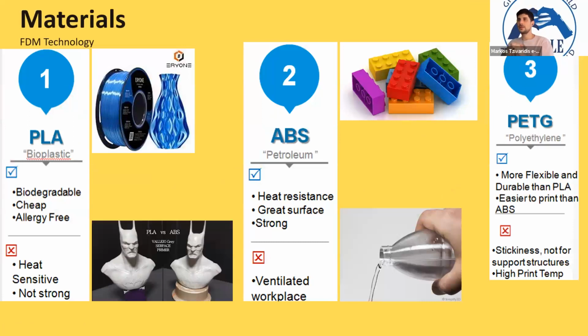All right, let's talk a little bit about the materials. First of all, as I said previously, the most commonly used material is the PLA, the bioplastic. PLA is a thermoplastic polymer, which is called bioplastic because it is derived from renewable resources like cornstarch and sugarcane.